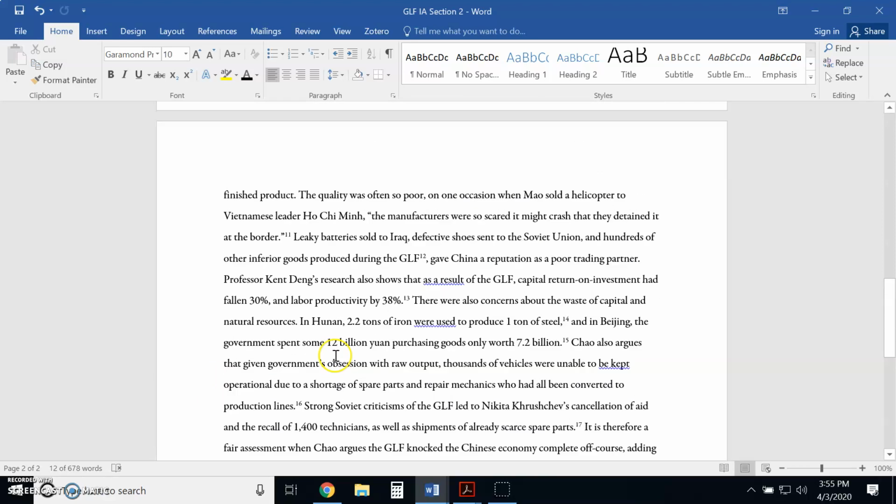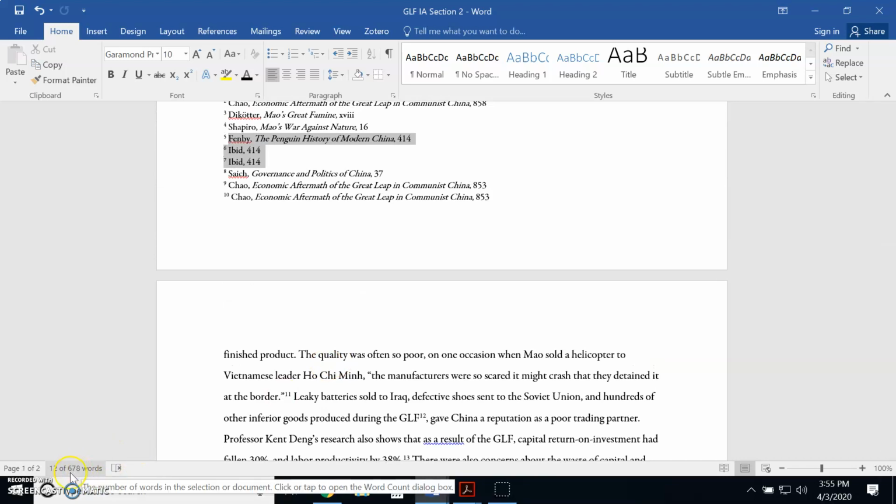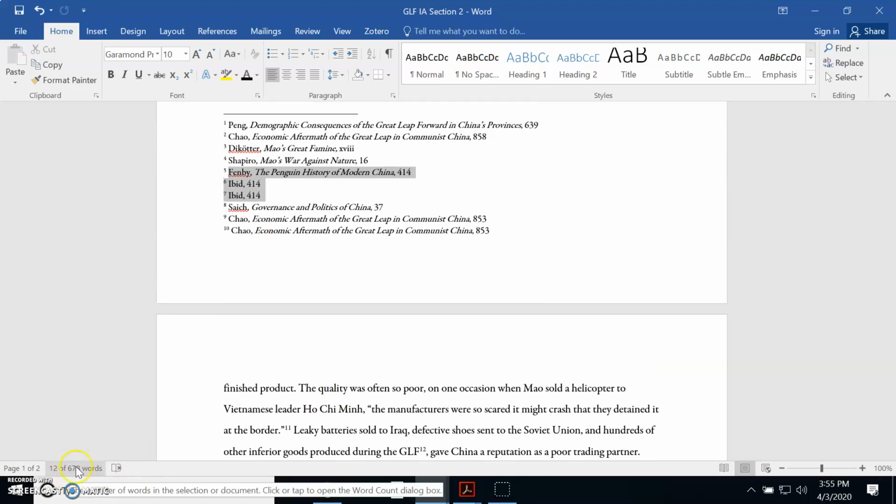So I had to take 4 citations away because if you look just after the introduction and one perspective, I'm already at 678 words. Now, of course, that doesn't count the titles, the headlines, the footnotes. But remember, the section 2 should be about 1,300 words. So I actually had to cut back because I had too many sources.